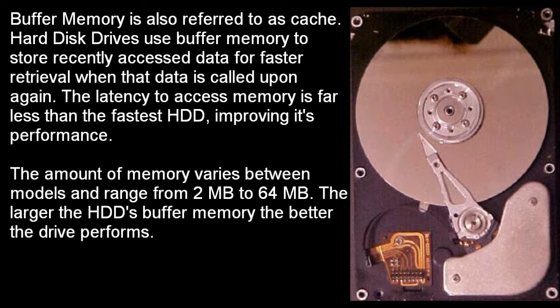Accessing this buffer memory is far faster than a hard drive. They can range between 2 megabytes to 64 megabytes. And keep in mind, the more buffer memory that the drive has, the better its performance.